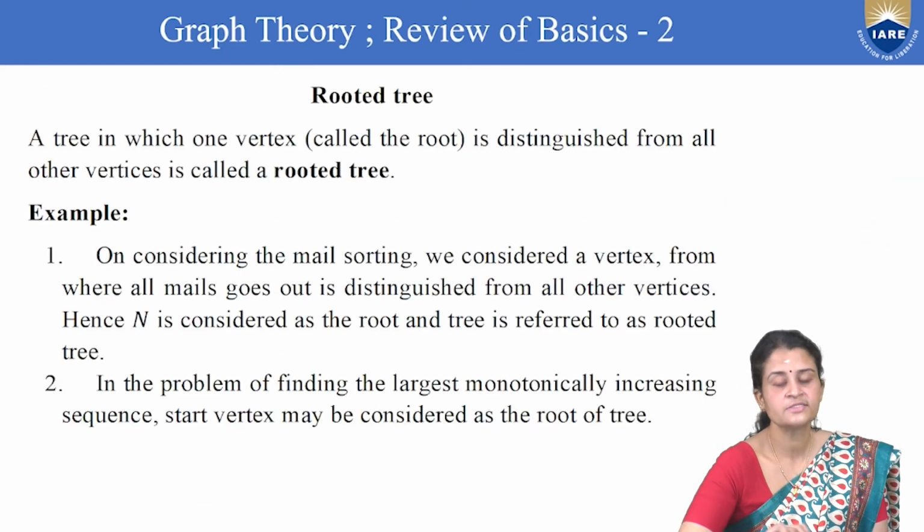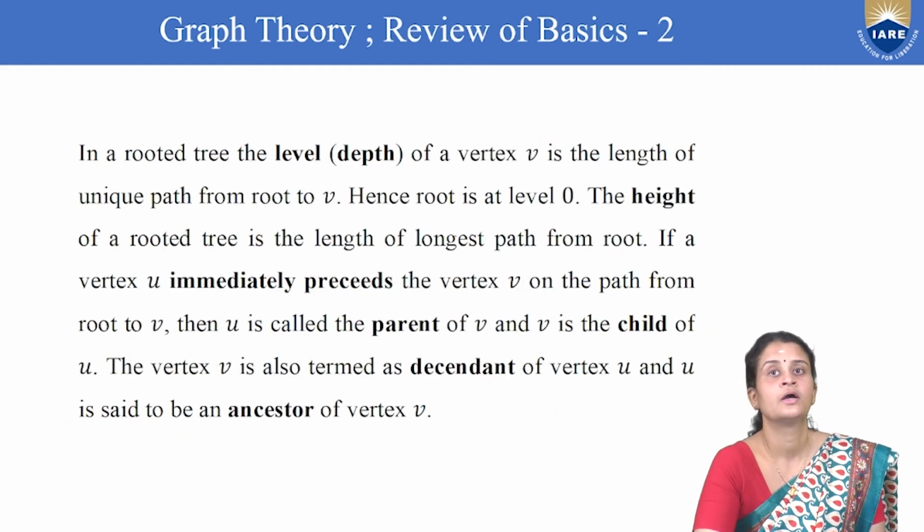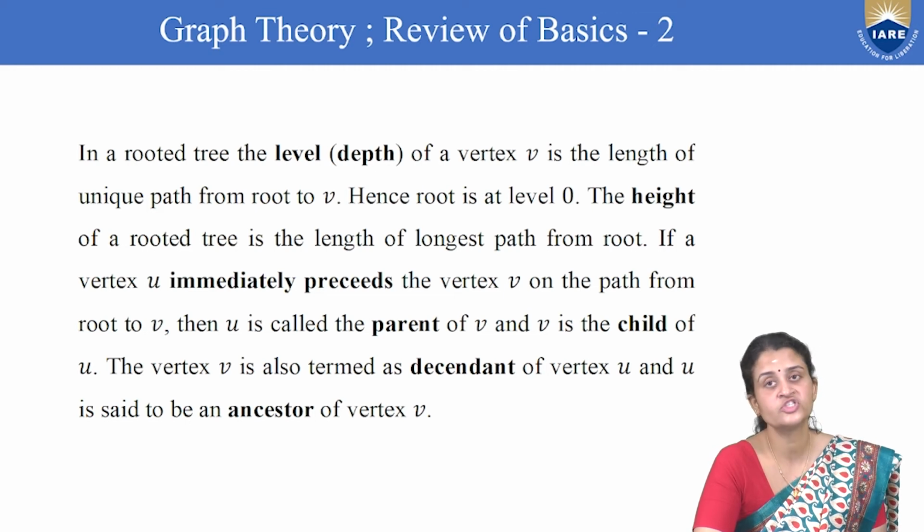The examples are first the mail sorting problem, and when considering the monotonically increasing sequence, the start vertex which we consider can be considered as the root of the tree. And in a rooted tree, some important definitions which I am defining are given in bold letters.